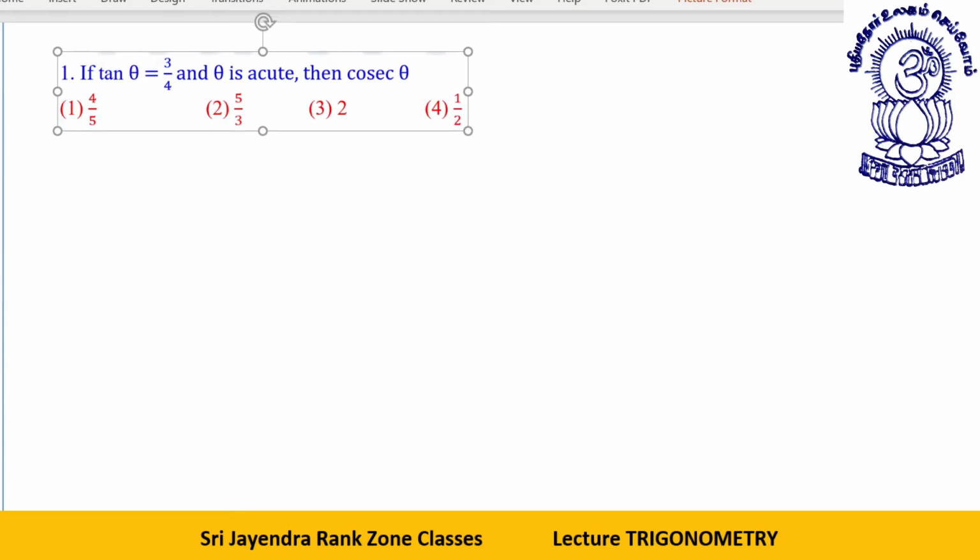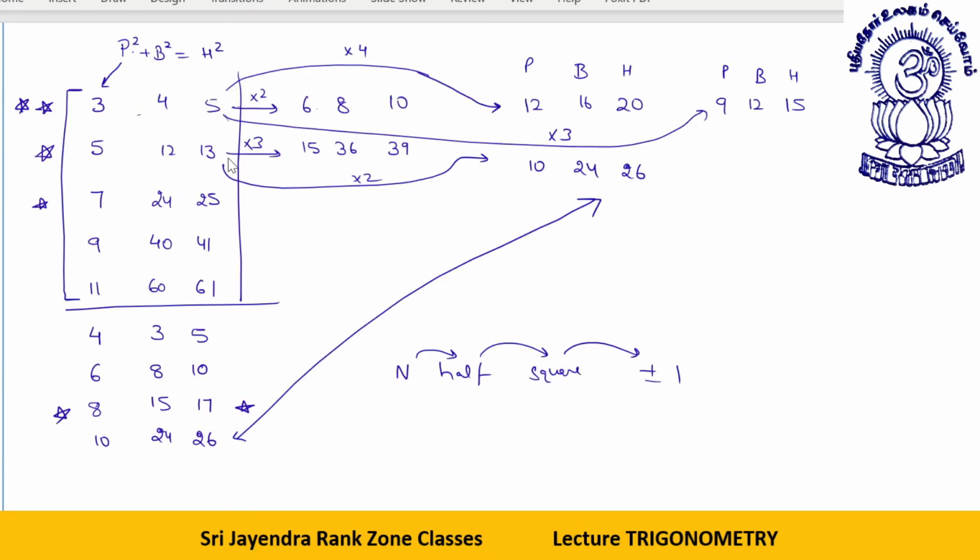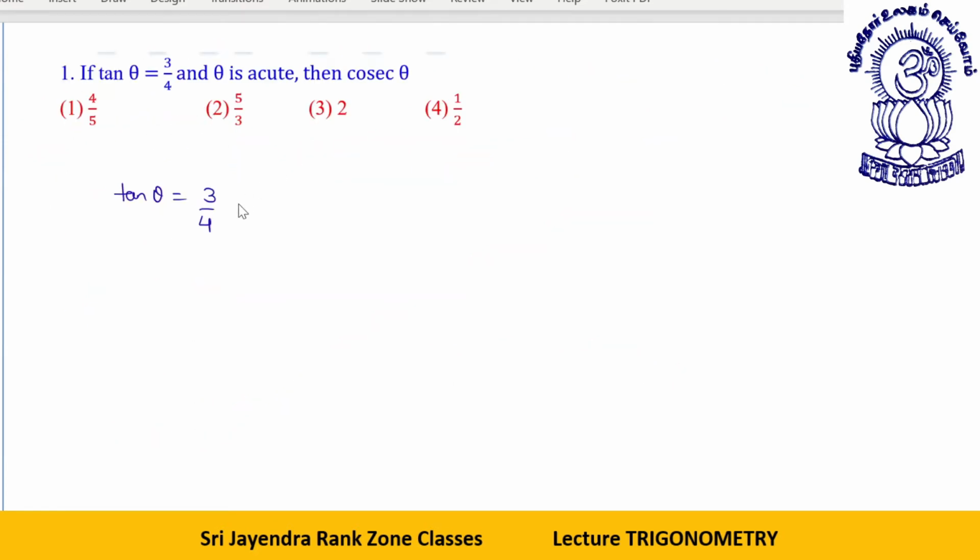The first question is tan theta is 3 by 4 and cosec theta is? You know a Pythagoras triplet 3, 4, 5. I told you this will be used frequently. This is perpendicular, this is base. 3, 4, 5. There is a triplet. So H will be what?